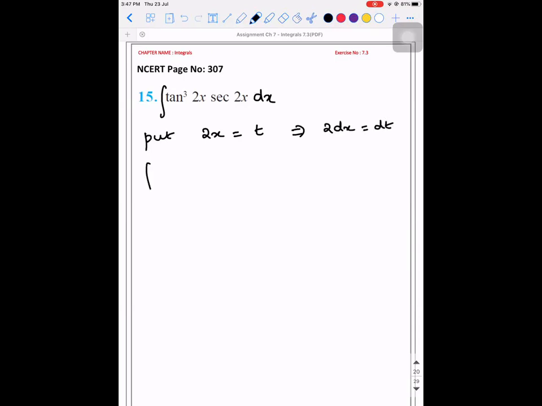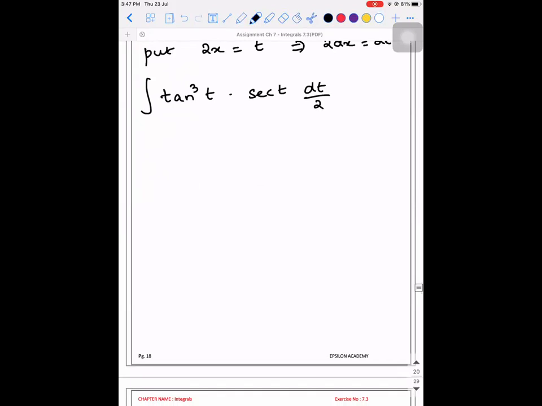I'll tell you why I'm doing it this way. Integral of tan cube t into secant t into dx is dt divided by 2. Right? So I can write it as 1 by 2 into tan square t into tan t into secant t dt.